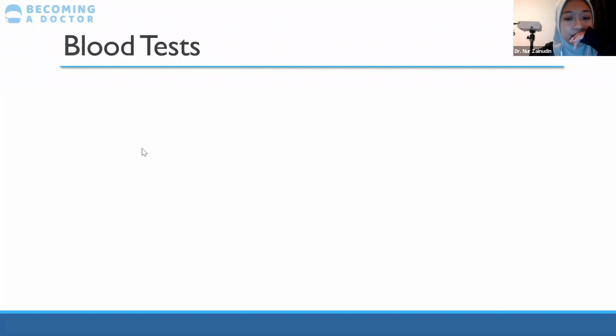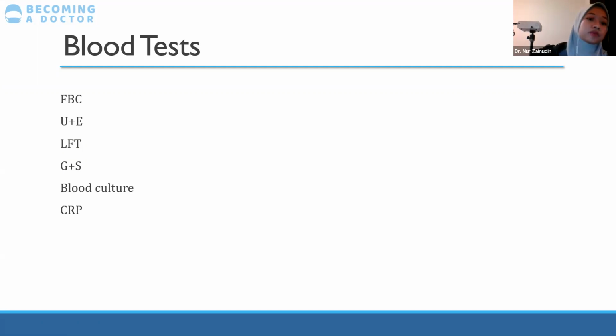U and Es, yep. So these are the ones that are usually very important, especially in the surgical assessment unit. Quite a lot of hospitals have a surgical assessment unit blood test pack where you can just click on it and it has all of the tests that you should do in case you forget any of them.